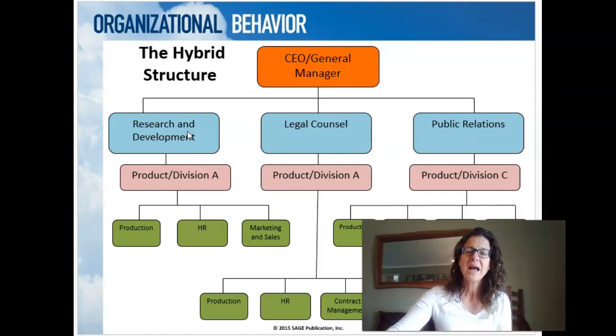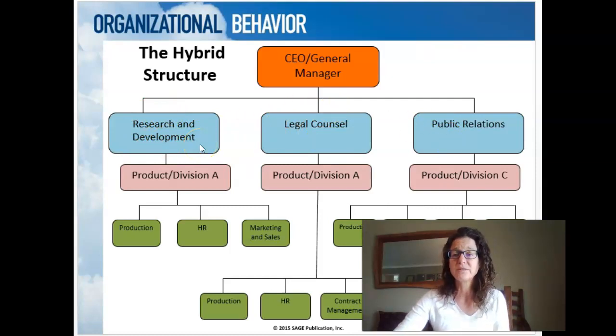And indeed, Xerox was able, after their 10-year restructuring process, to survive the competition and continue asserting itself in the copier market. And so the hybrid structure is one in which some of the functional areas like legal, public relations, research and development are pulled up into the headquarters level and serve all of the organization's divisions. And then the local divisions that are either product divisions or regional divisions focus on other issues such as marketing in their own respective markets, or human resources, or production, or delivery, aftermarket service, and so on.